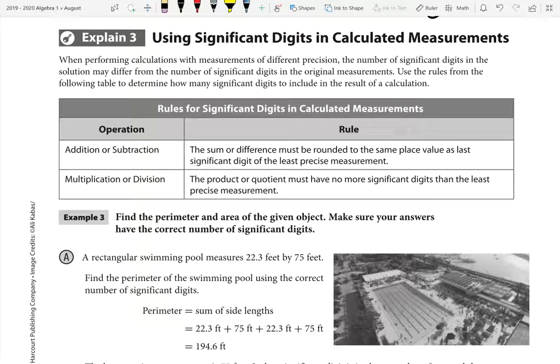So we're going to look at the one that's least precise. However many significant digits that has should be the same number of significant digits our final answer has. Again, this seems very counterproductive because you're kind of ruining your accuracy and you're ruining your precision as well. But that's the art of significant digits. They're really insignificant digits, but here we are.